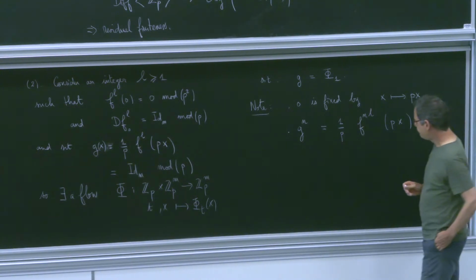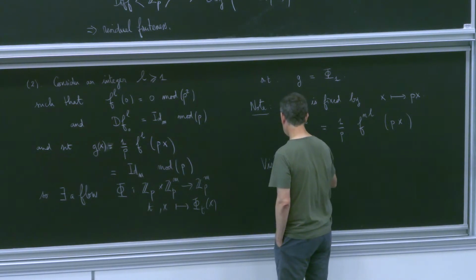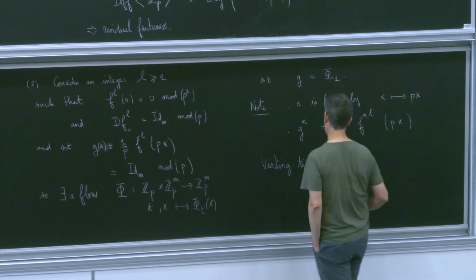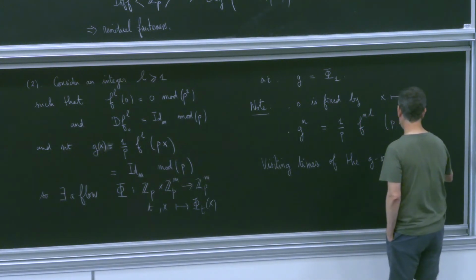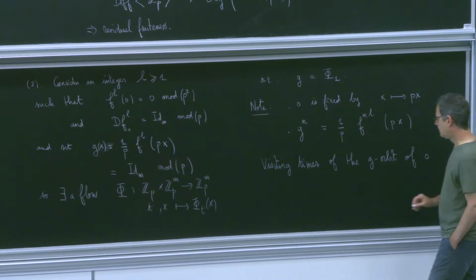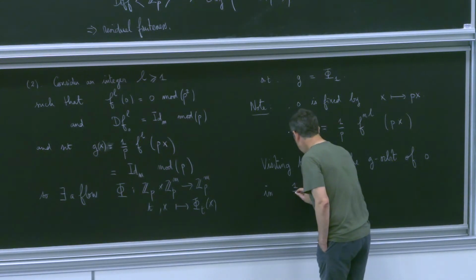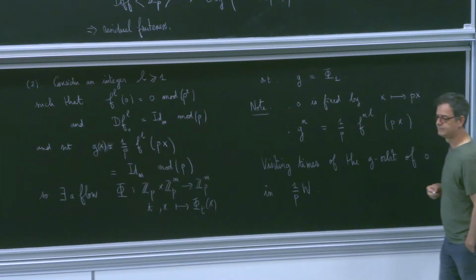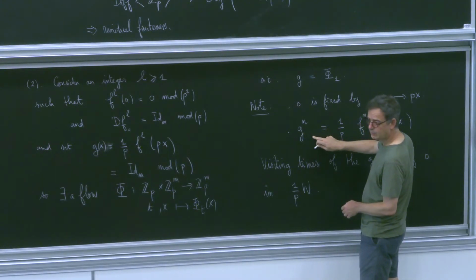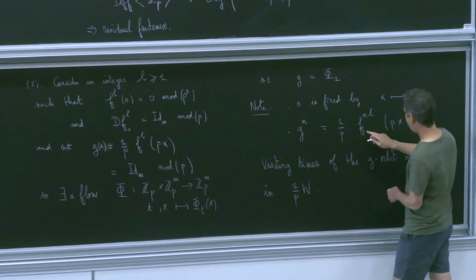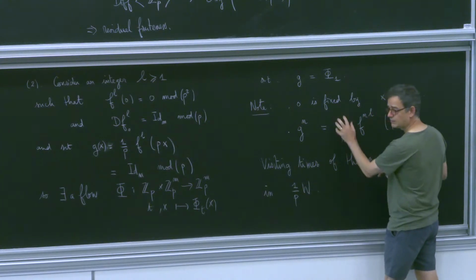So now I will look at the visiting times of the g orbit of the origin in 1 over p W. g to the n of the origin is contained in this means f to the nL of the origin is contained in W. I put 1 over p here to cancel this 1 over p.